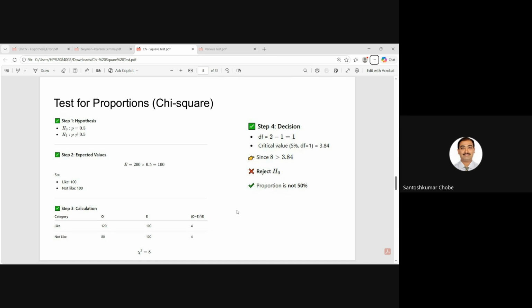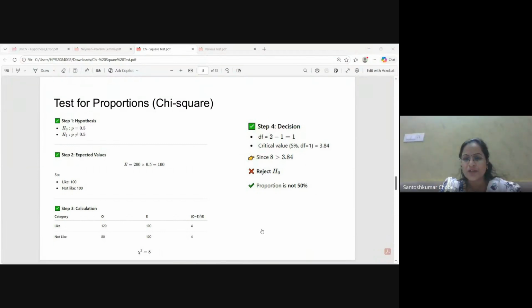Look here. This value is called the test statistic value, which I get through the test. I hope this is clear to all of you. This particular chi-square test value is equal to 8.